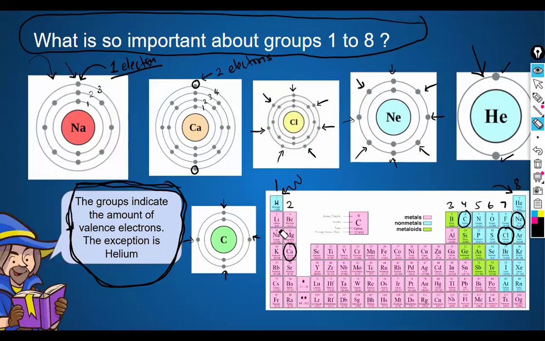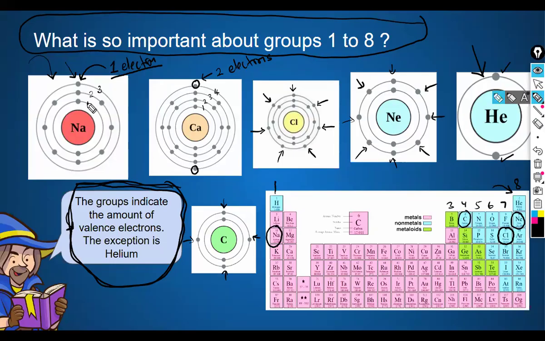Let's just take group 1 as an example. We know that everyone in group 1 is going to have one valence electron. But will they have the same amount of shells? We're only focusing on group 1. For example, sodium, we could see it here, has how many shells?